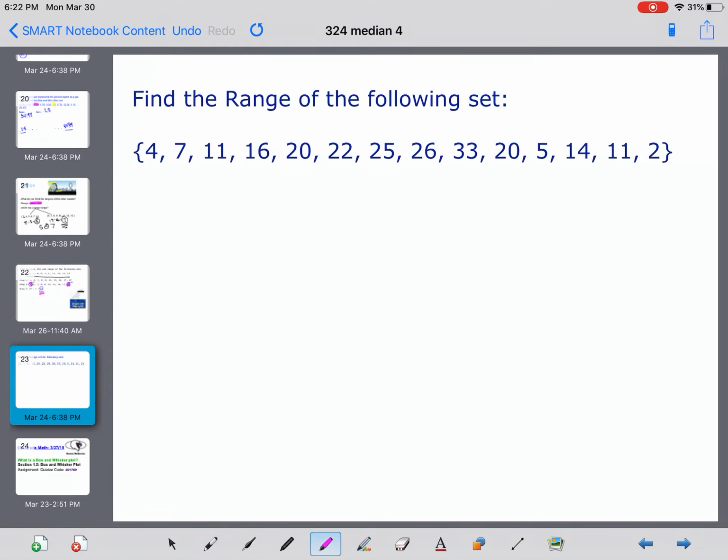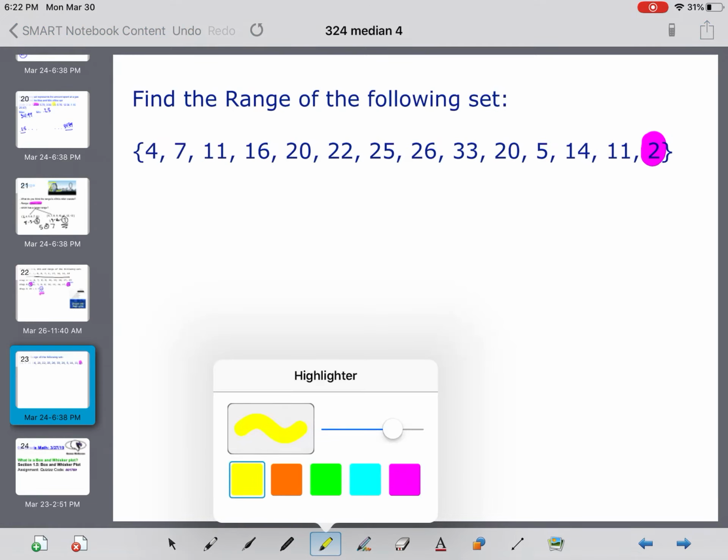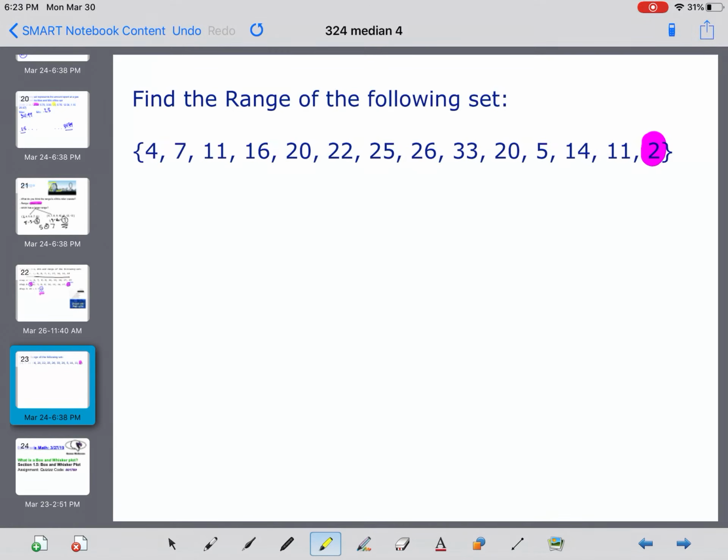Okay. So, looking here, what I'm going to do is I'm going to just find the smallest number first. Drag my pen across. I see 2. 2 is the smallest. Okay, and now, what is the largest? Well, 4, 7, 11, 16, 20, 22, 25, 26, 33.